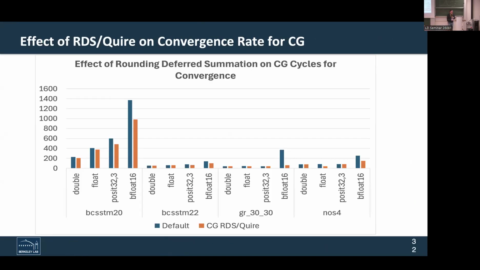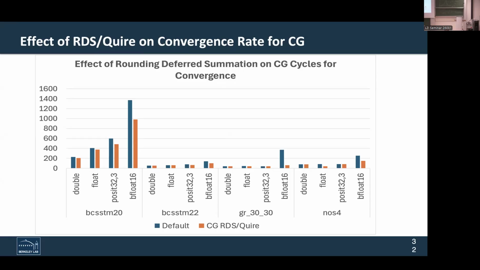So here's the effect of the rounding deferred summation in terms of CG cycles. We're working on comparing this against different flavors of stochastic rounding, so we're updating the emulator for this. And you can see that there's more of an effect from implementing the rounding deferred summation to improve the CG performance.